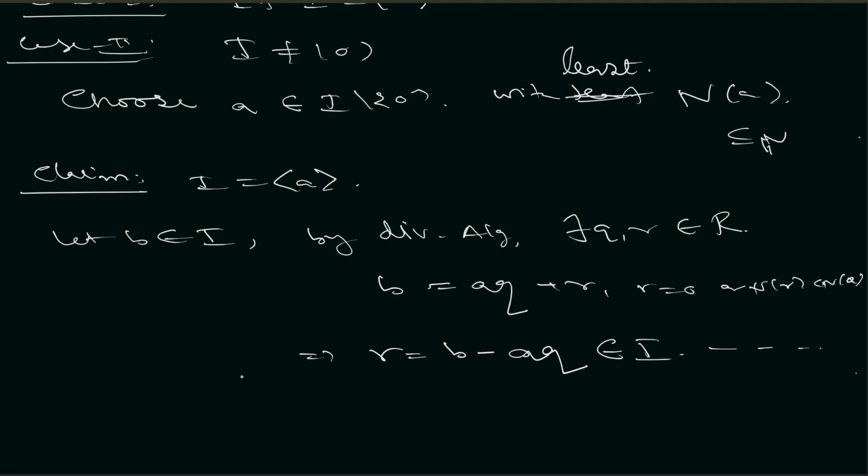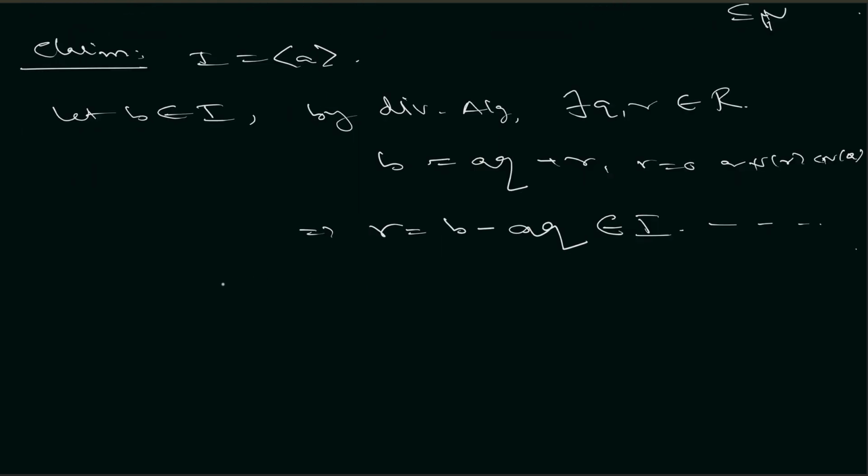Since the norm of A is least, norm of R being less than norm of A is not possible.